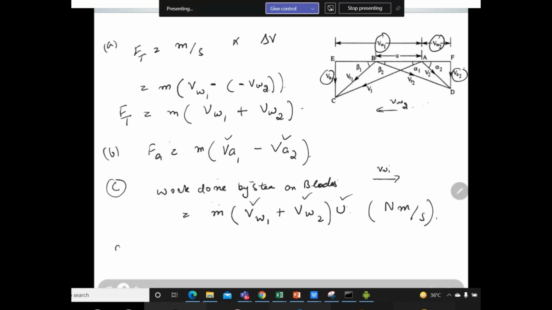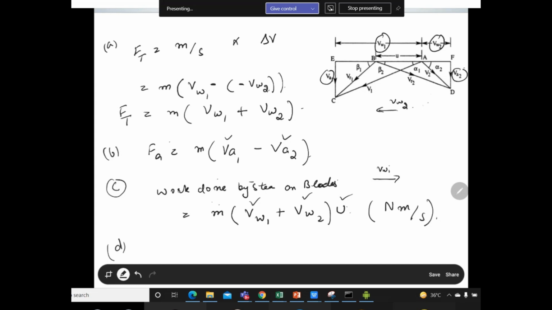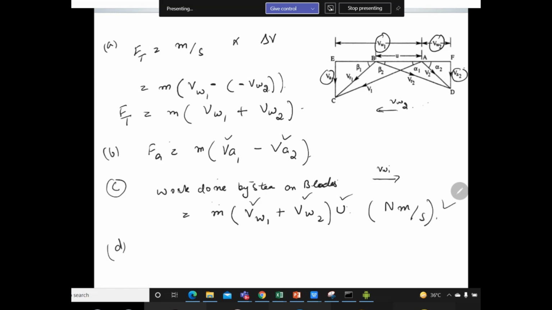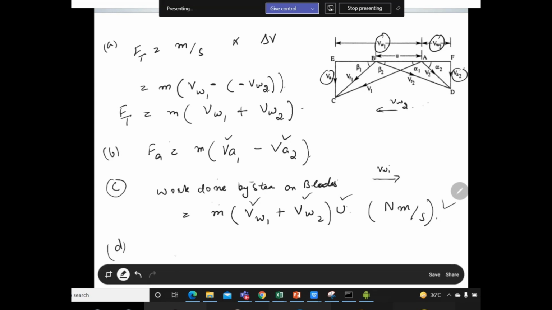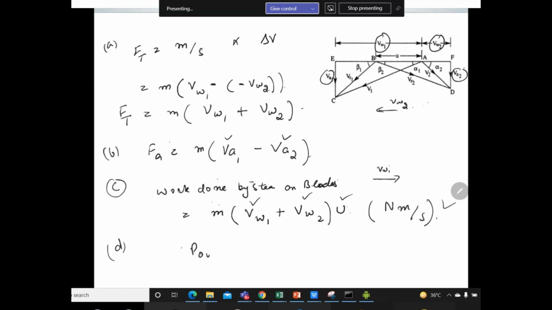Now there is a fourth relation, that is to find the power developed by the turbine. If we want to convert it to kilowatt, simply you can say that power developed is equal to m times (whirl velocity 1 plus whirl velocity 2) divided by 1000, and then times U, so it will be in kilowatt.